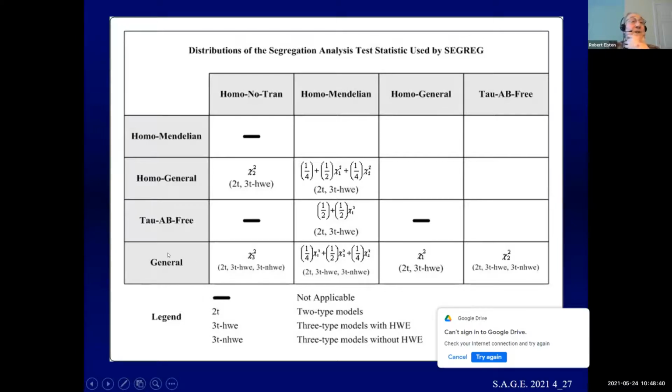So you notice some of these turn out to be chi-squareds. Here you see here, here, and here, asymptotically. The reason that this is a mixture of chi-squareds is because you are on a bound. The null hypothesis is on a boundary of the model, and this one as well.